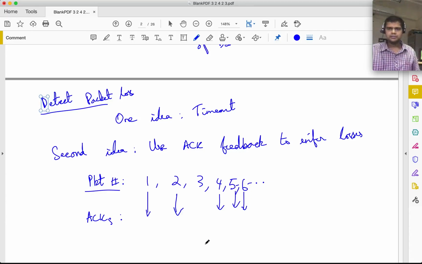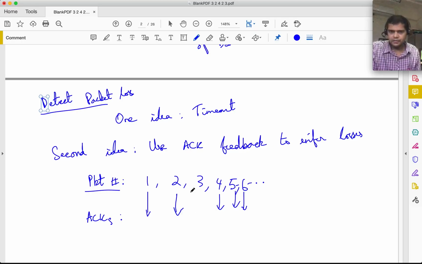What does that tell us? So we'll see that TCP doesn't exactly do this. It uses a slightly different mechanism, but suppose, just for discussion's sake, it is sending back an acknowledgement for packet 1, for packet 2, 4, 5, 6 and so on, but you don't get back an acknowledgement for 3.